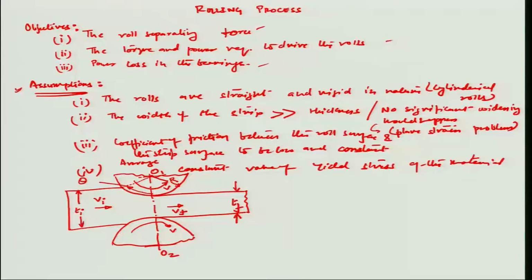Further, we assume a small strip where we want to obtain the mechanics of the interplay between all the forces in the rolling process. I am representing this strip with a shaded region, and there is an angle d theta from the center of the rolls over which this strip is considered.